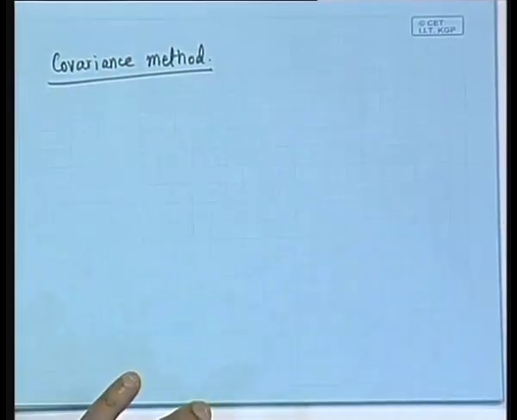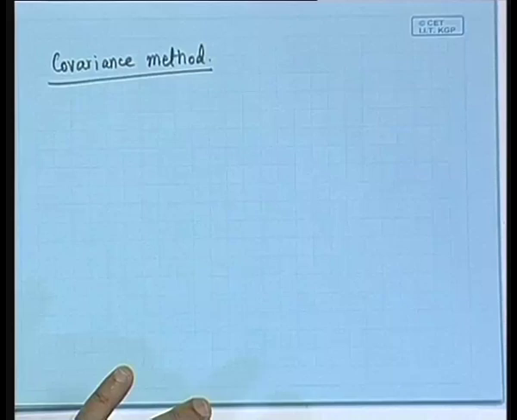Now the covariance method of solution essentially does almost the same thing, but you will see that the definition of the error is a little different. So that is why the index of the summation looks different.